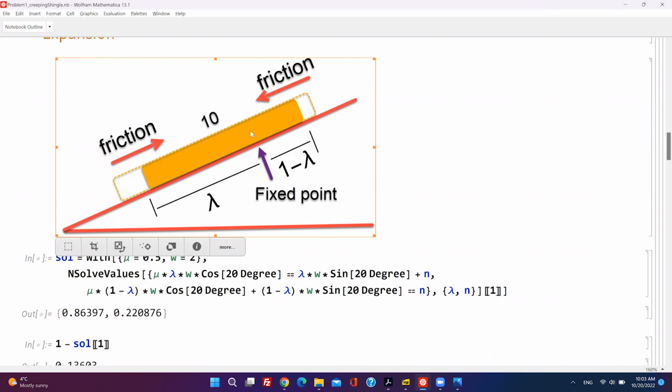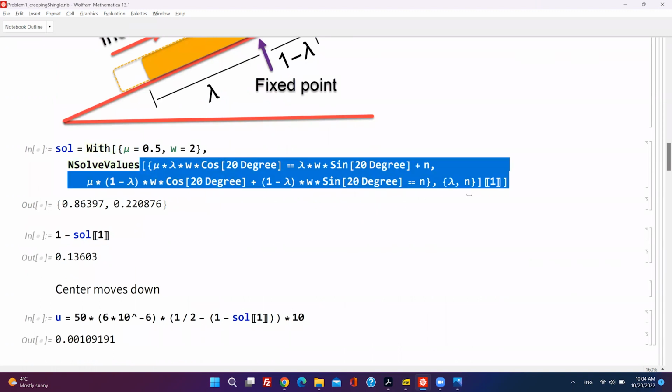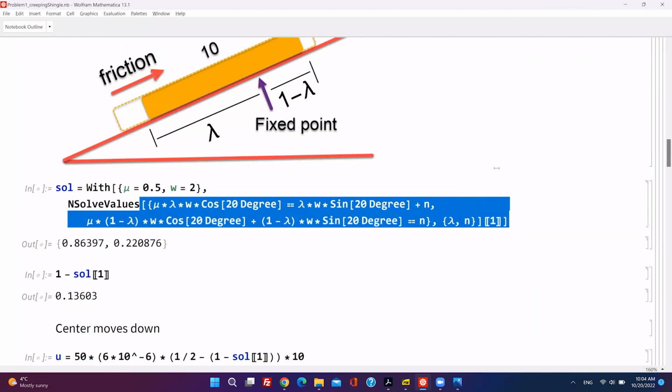Because the shingle expands along the roof, all the friction should go this way. Think about it: it moves this way, right? The friction points inward. Now you can use a very simple force analysis and assume the fixed point is at a piece of wall. If you have friction going this way, everything beneath the fixed point pushes toward the wall, and everything above pushes downward.